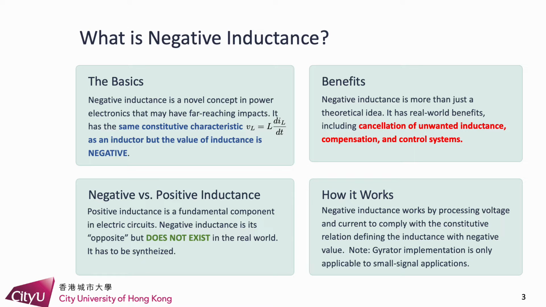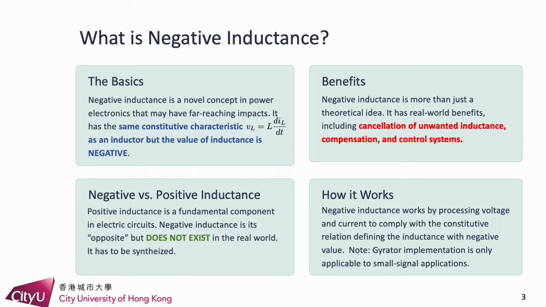Now you may see, obviously, the negative inductance can cancel an inductance directly when they are put in series connection. That would make it far much easier to do compensation or cancellation of unwanted inductance, such as in reducing reactive current, and of course you can also imagine using it for control, as it can adjust inductance parameter values.